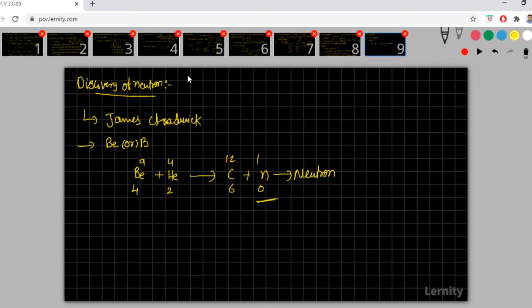And a very important point: the neutron has no charge, but its mass is equal to that of a proton.